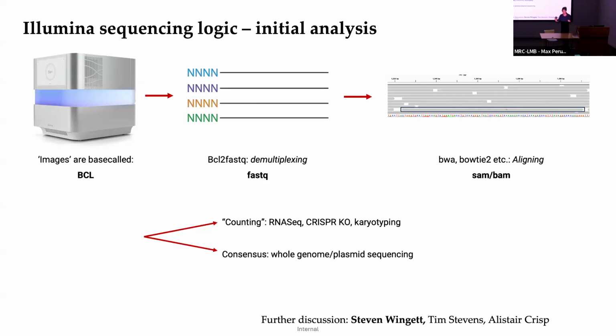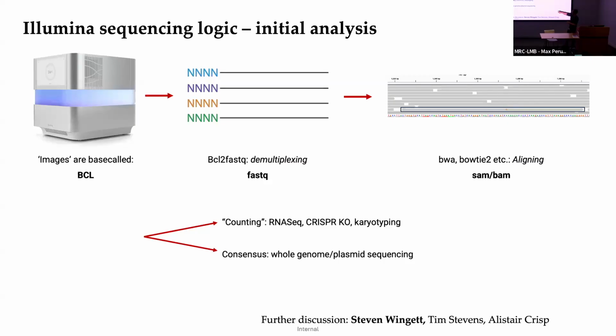If you're doing a CRISPR knockout screen, the logic is which of my CRISPR gRNAs survive the process that you've applied in order to work out what your pathway or function is doing. Again, it's important to do the counting in order to do this.